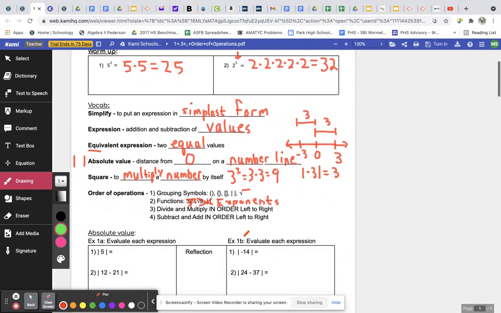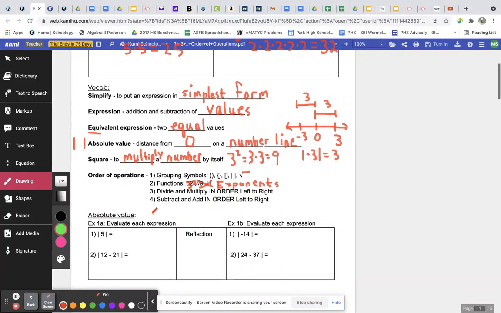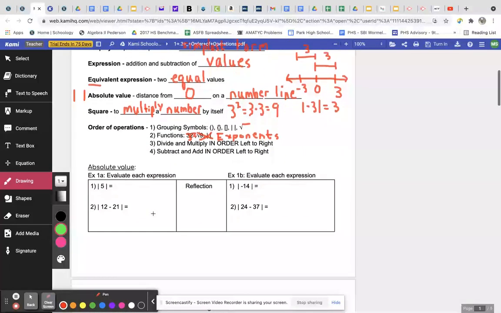When we read a book, we read it from left to right. So if multiplication comes before division from left to right, then we do multiplying first. If division comes before multiplication, then we do that first. We'll get to some of those in just a moment.